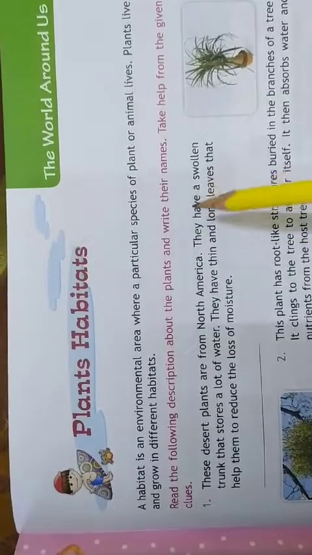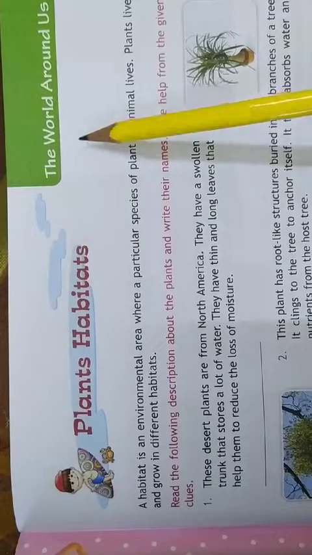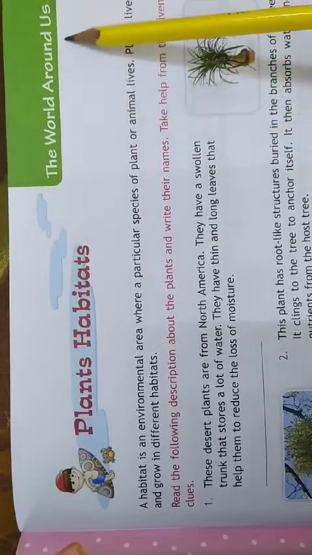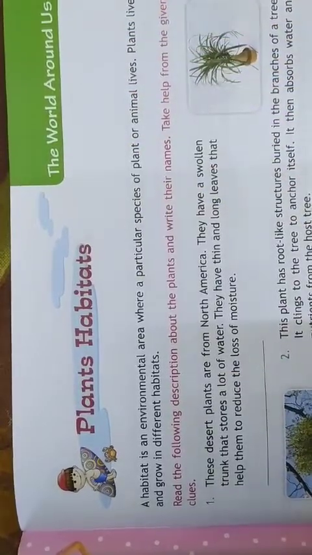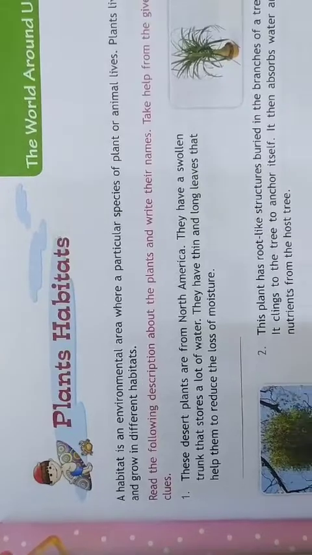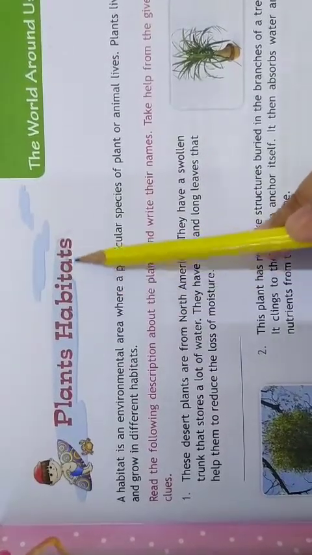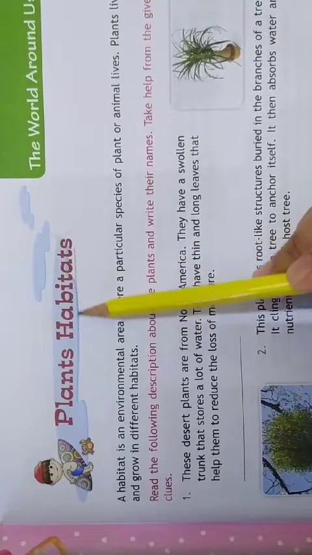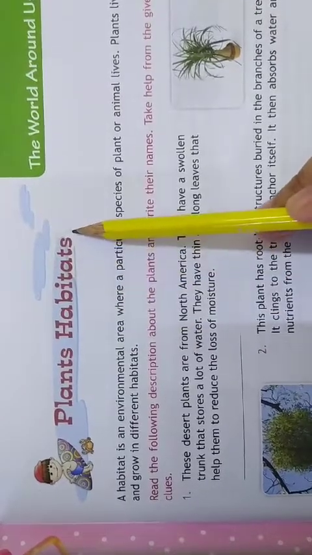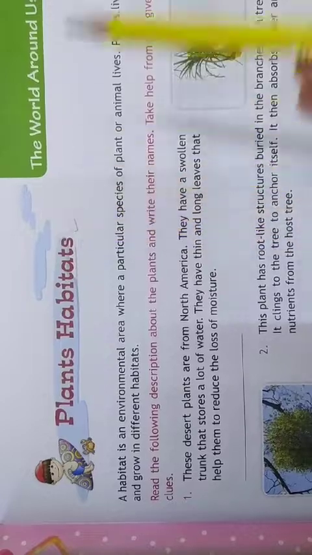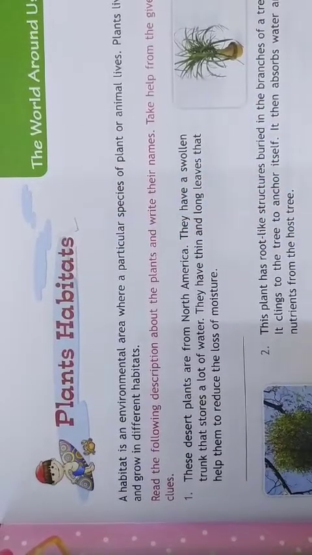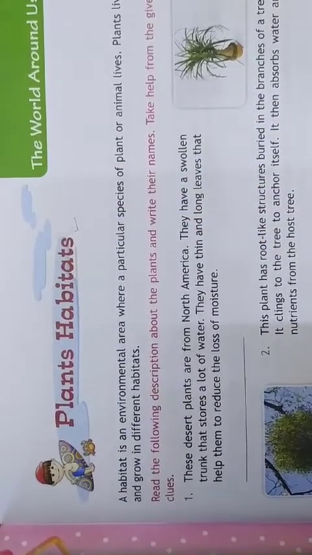So children, today we will start with our first chapter of this unit, the world around us. This lesson is about plant habitats. As you know, habitat means a place of living. You must have read it before in your junior classes. Habitat means a place where a particular organism lives or survives.